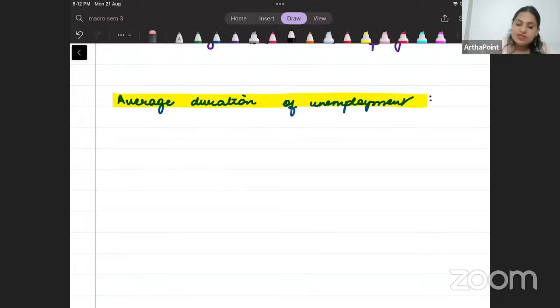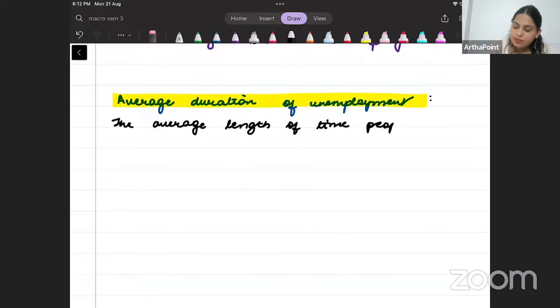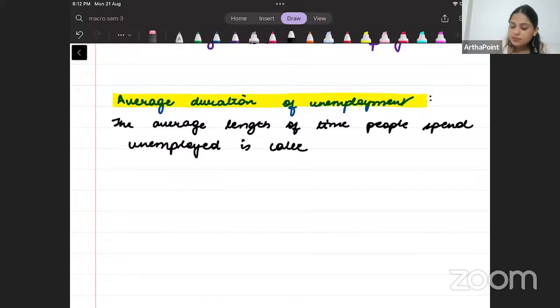So we can simply say, in very simple terms, that the average length of time people spend unemployed is called average duration of unemployment.